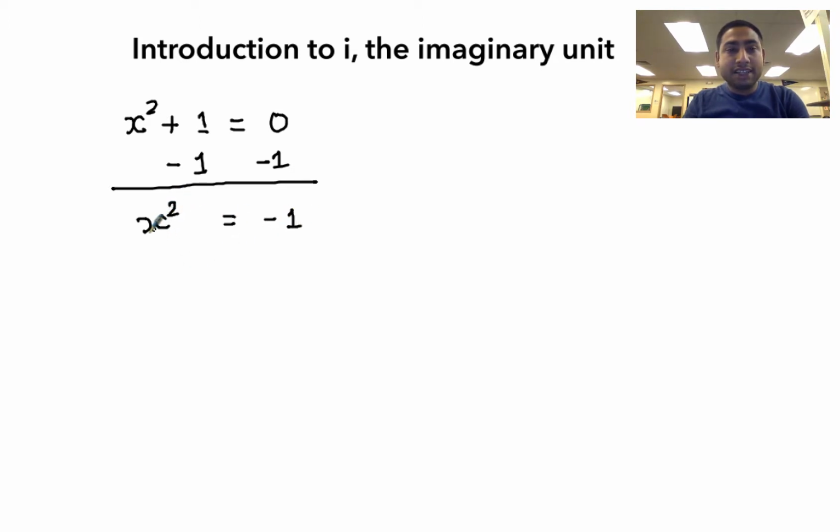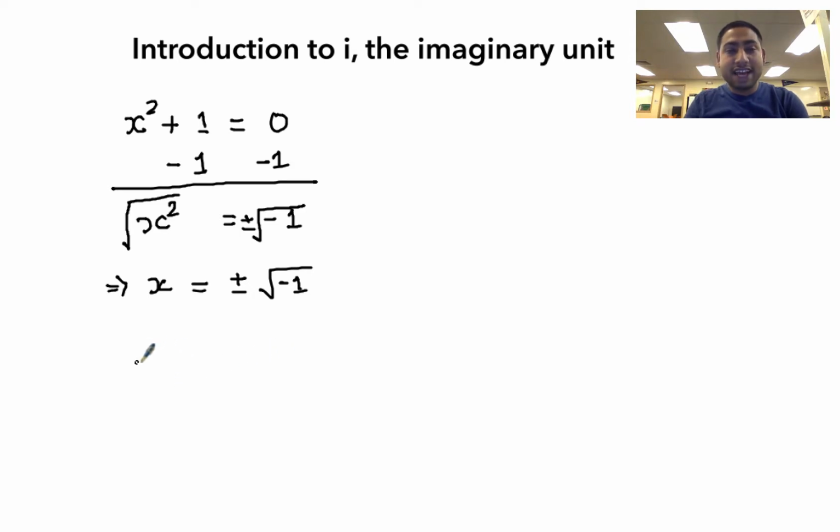Now to get x by itself, we're going to have to take the square root on both sides, and don't forget the plus or minus, and that gives us x equals plus or minus the square root of -1. Now this is interesting because there's no real number that if you square it will give you -1.